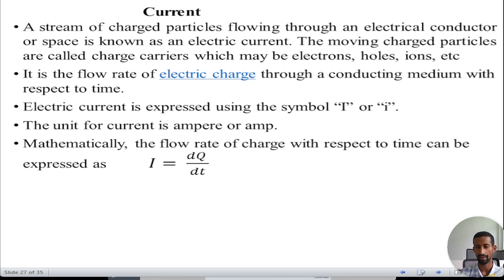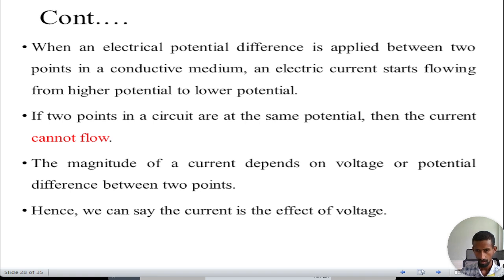What is the unit of current? The unit of current is ampere. Mathematically, current is dq by dt. When an electrical potential difference is applied between 2 points in a conducting medium, an electric current starts flowing from higher potential to lower potential.